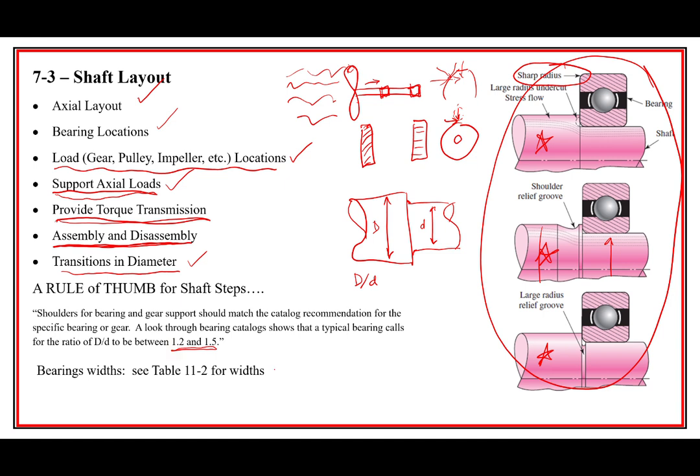We do need to know widths, so the gear ones need to be told, but we can also find standard widths from table 11.2. So we jump to chapter 11. They have a sample bearing catalog page, and there are bearings that come in different proportions.